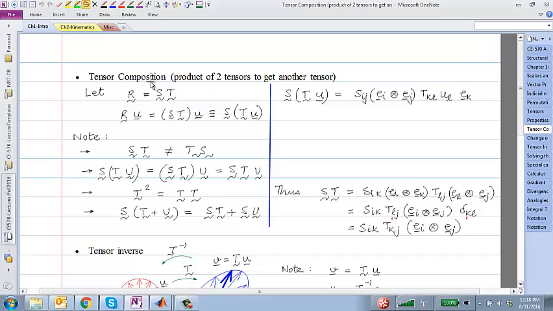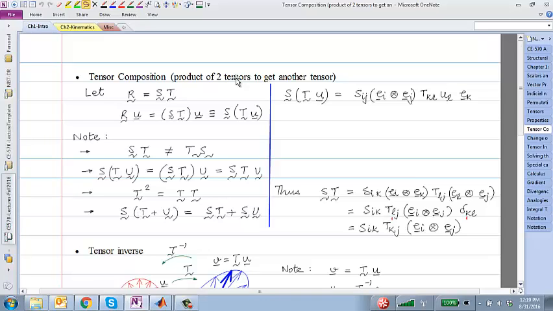There could be yet another tensor acting on v to give you another vector w. So what this means is that on the original vector u, there is a sequence of 2 tensors acting. First, T acts upon it to give you v, then some S acts upon it to give you w. This operation is called tensor composition, and it can be of 2 or more possible tensors.